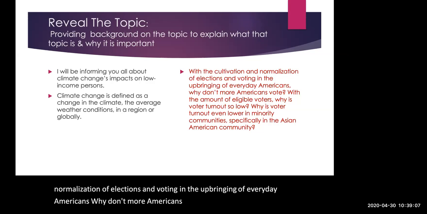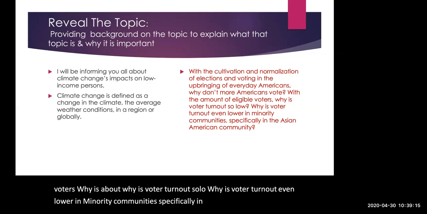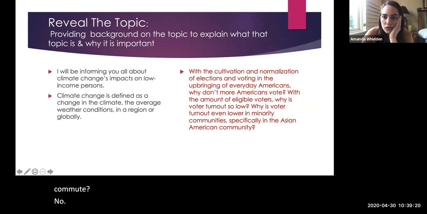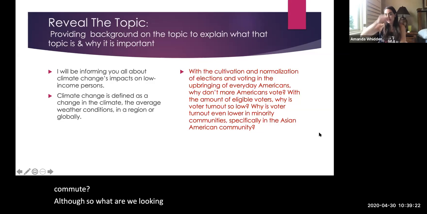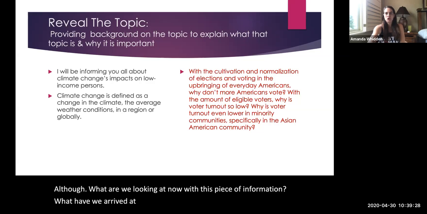With the amount of eligible voters, why is voter turnout so low? Why is voter turnout even lower in minority communities, specifically in the Asian American communities? So what are we looking at now with this piece of information? What have we arrived at, or how did the individual start to narrow their focus?